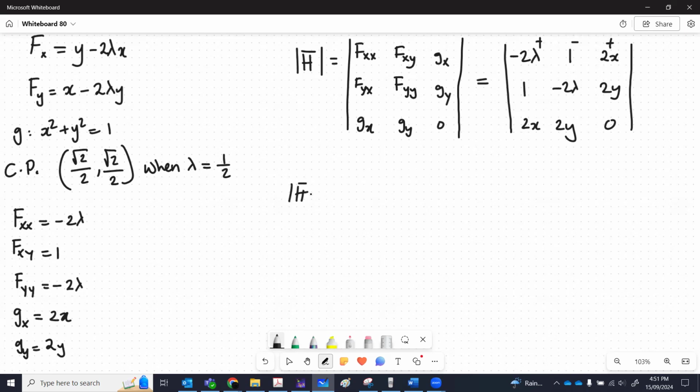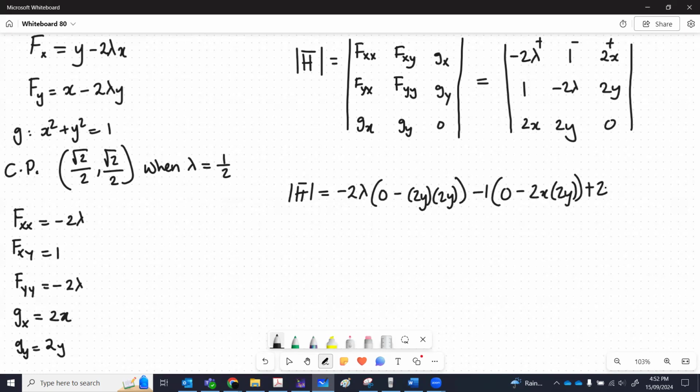So if we use the cofactor method, we have minus 2 lambda. Remove the row, remove the column. This will be 0 minus 2y times 2y, and then negative 1. Remove the row, remove the column. This is 0 minus 2x times 2y, and then we add 2x. Remove the row, remove the column.